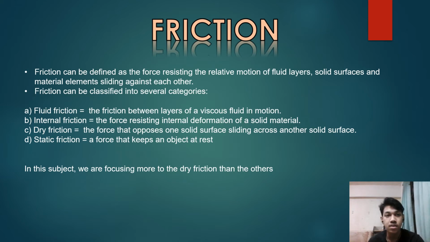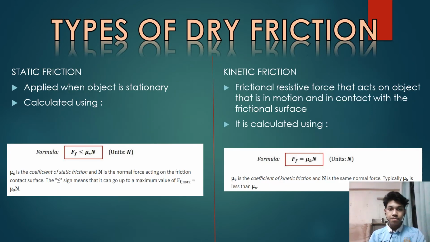So next, we are going to talk about the types of dry friction. There are two types of dry friction. The first one is static friction.